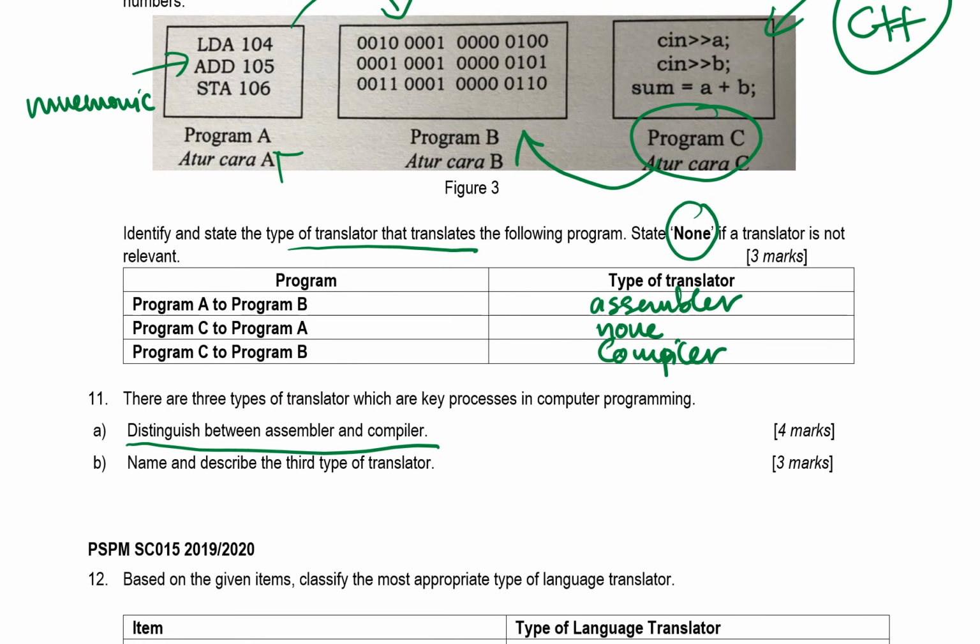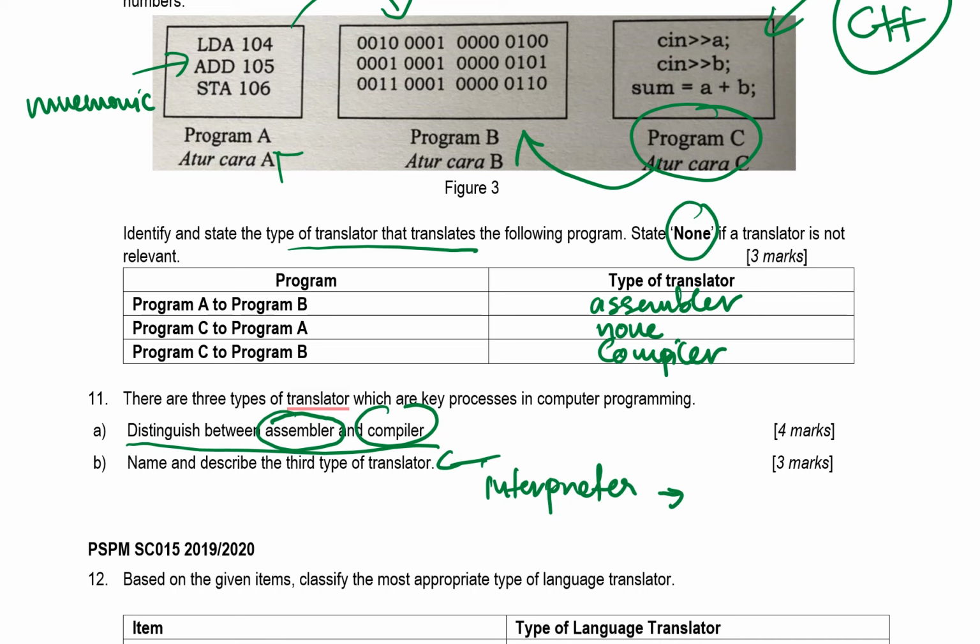The third type here means that, in 11A, we have differentiated between assembler and compiler, and now for B you have to describe the interpreter. Name and describe the third type of translator: the answer is interpreter, then you have to describe.